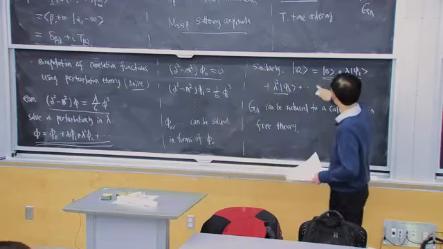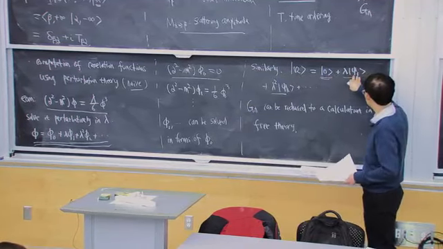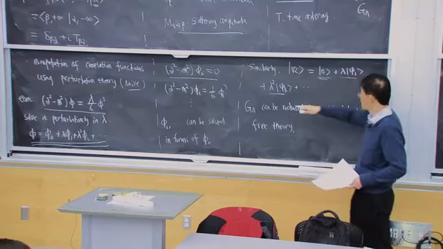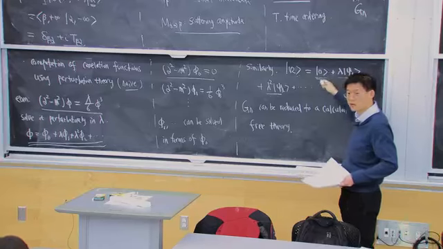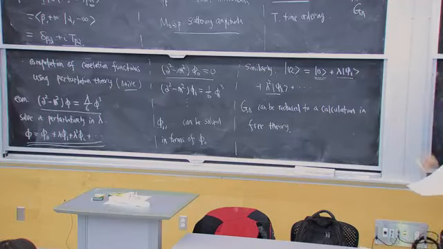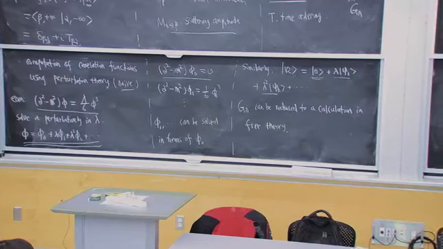Here again you expand in terms of phi 0, and the corrections can be obtained by, say, acting with phi 0 on the vacuum state, etc. So in the end, if you do this procedure, you should be able to calculate this G_n.